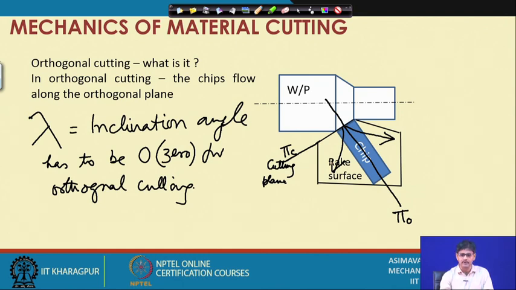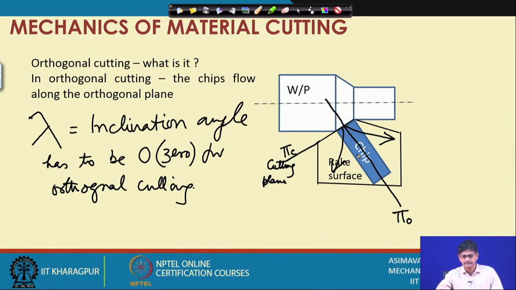Now, the second point is, are there other reasons for which the chip might deviate from the orthogonal plane? And first of all, why are we so hung up on orthogonal cutting being something special? Orthogonal cutting is an occurrence when the forces can be considered to be contained in a two-dimensional plane, and it is easy for us to visualize the situation and make a force analysis.